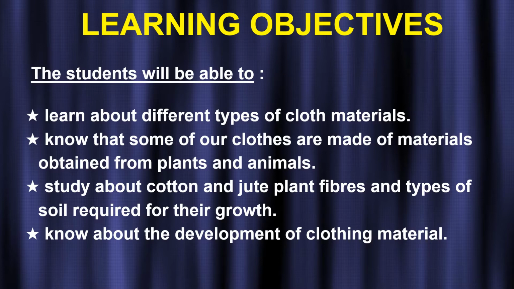You will study a few examples of fiber like cotton, jute, etc., and which type of soil is required for their growth. And also you will be able to know about the development of clothing material. Yes, it is the history of clothing materials.